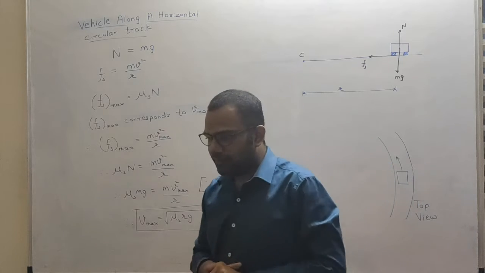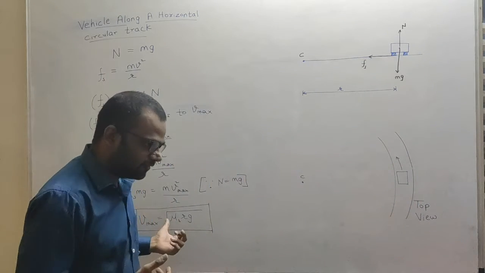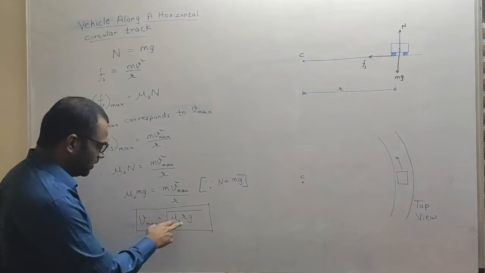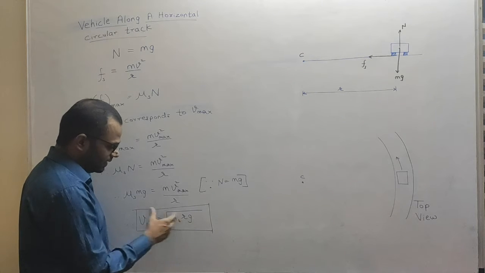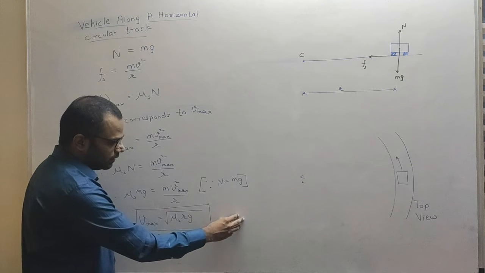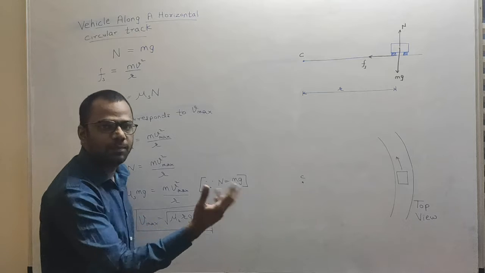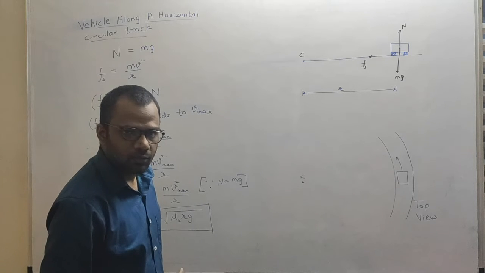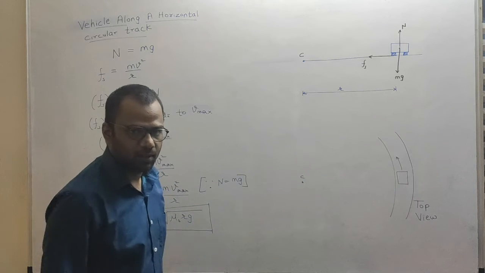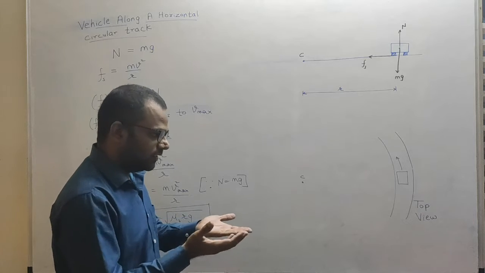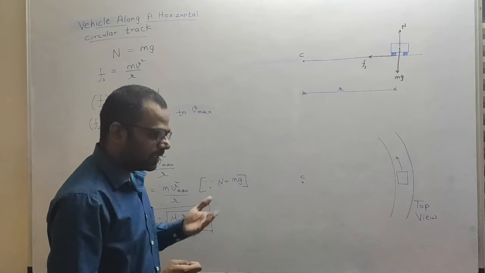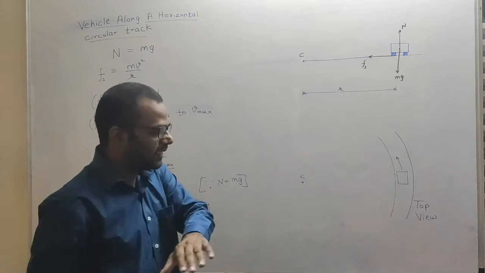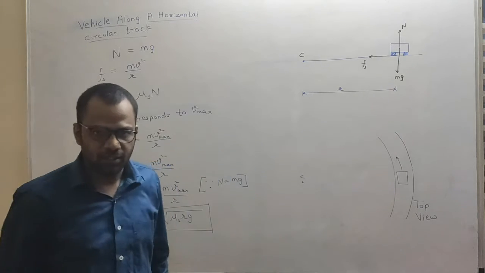Alright. Now, what will happen if we exceed this velocity? Suppose you put these values over here and the answer comes out to be, let us say, 100 kilometers per hour. So the maximum velocity is 100 kilometers per hour. We can travel with a velocity even lesser than that, but the maximum velocity with which the vehicle can take a turn is 100 kilometers per hour.